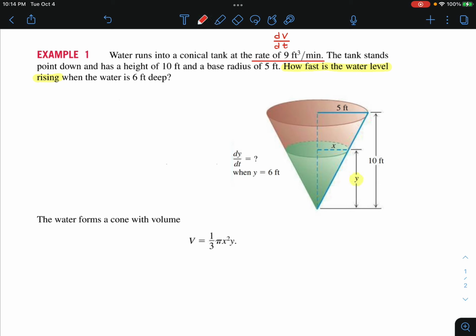Therefore, we are looking for dy/dt specifically. Now, how do we relate these two derivatives that I highlighted in red? It is by means of the chain rule.